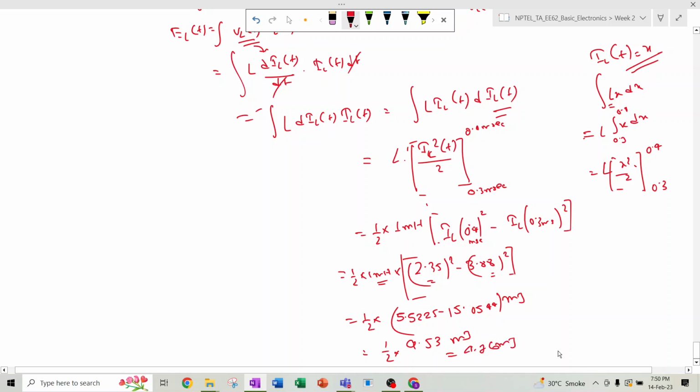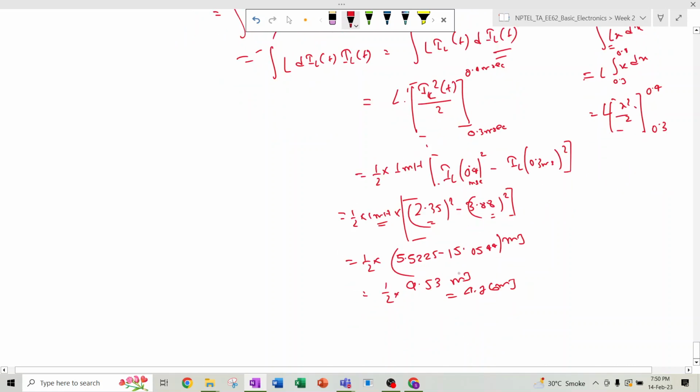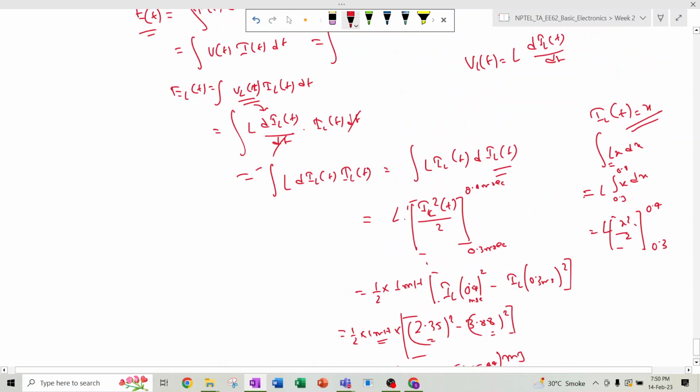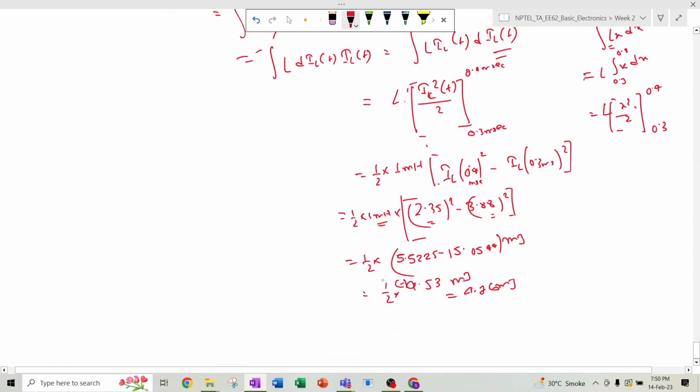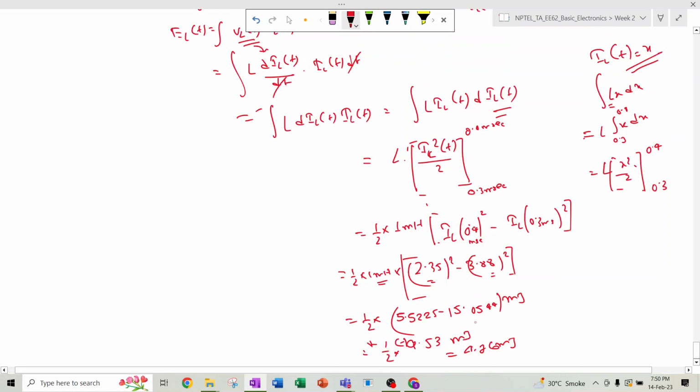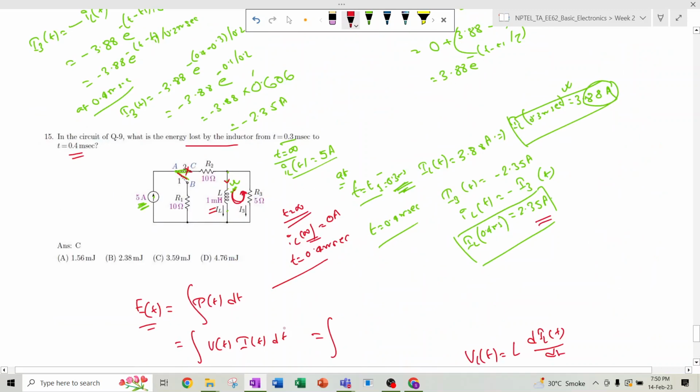In this equation it comes out as minus, so minus implies that energy is getting dissipated from 0.3 to 0.4. The energy lost by the inductor comes as minus, meaning the energy is getting dissipated. If it comes plus, that means the energy is getting stored. So the energy dissipated is 4.76 millijoule, and the correct answer is option D, 4.76 millijoule.